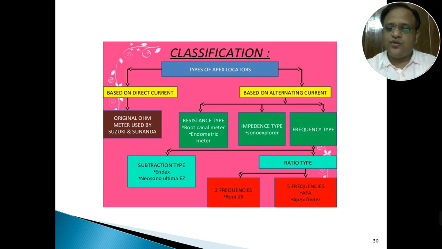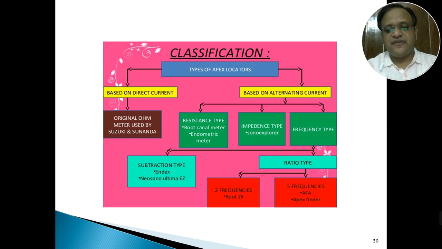These are the new generation apex locators. They have negligible chances of giving wrong readings, and they are very accurate, up to 97-98% in readings. That means if you take 100 readings, only 2 readings can be eccentric.